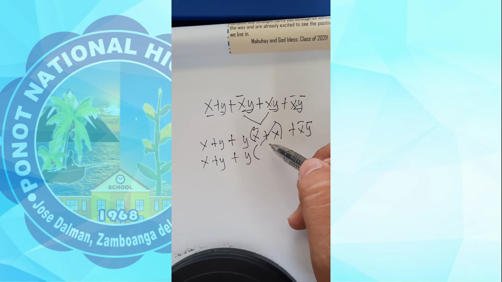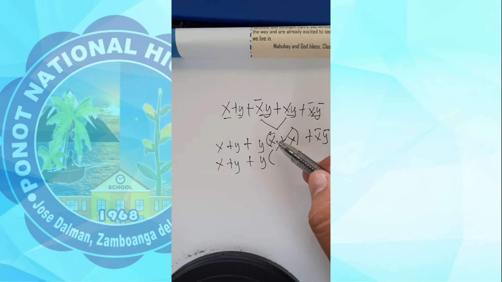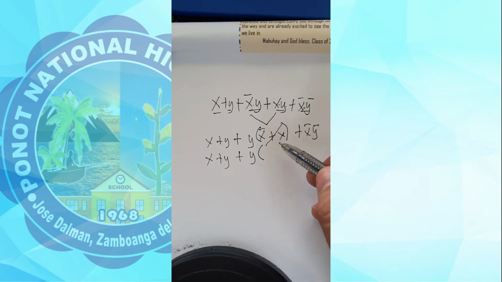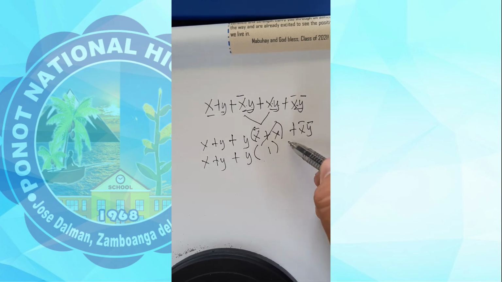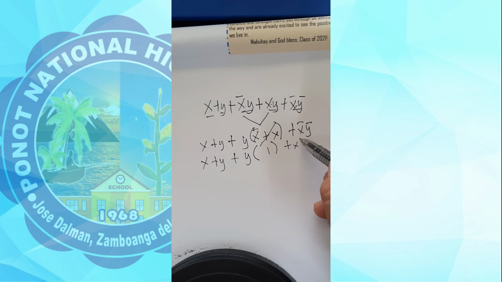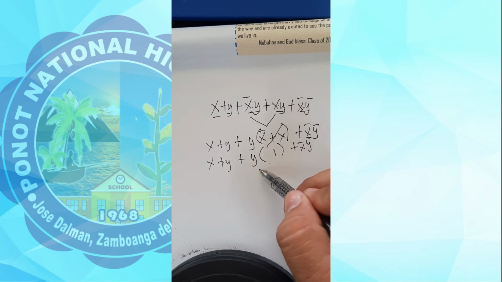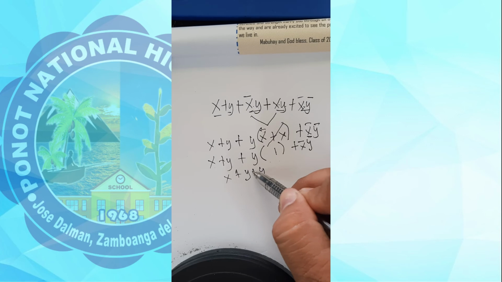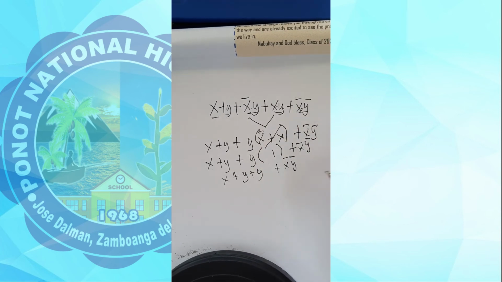So, again, importante ang postulate. Make sure to have a copy in your notebook. X bar plus x is the same as a bar plus a. That is 1. So y times 1 is y. So, x plus y plus x bar y bar.